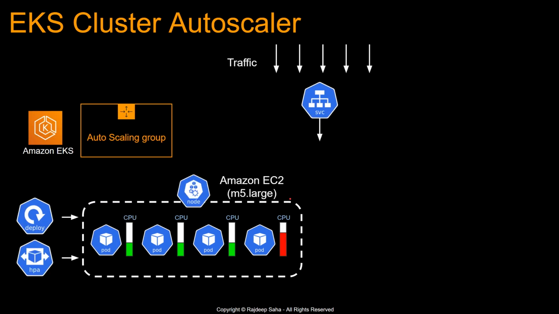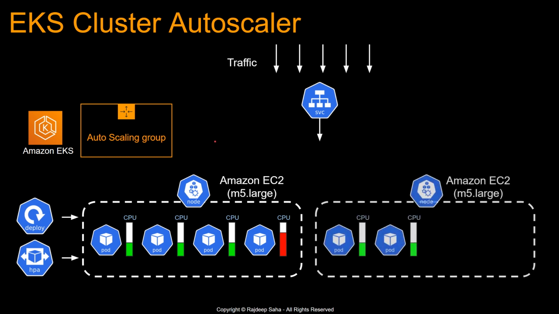What's going to happen is that another kind of autoscaler will come into play. Just as HPA, or horizontal pod autoscaler, works on the pod, we have cluster autoscaler, which works on the node. So cluster autoscaler at that point will kick in and create another node, or another Amazon EC2.